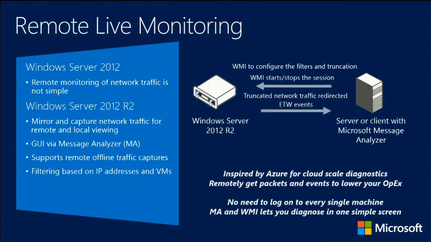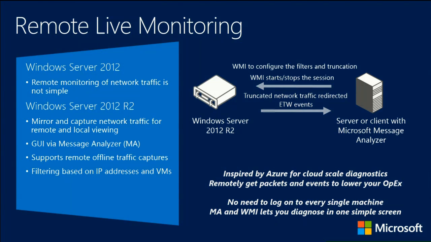But now you can see all of this remotely without having to go and log on to each and every machine to do so. And even better, we now also aggregate ETW events along with it. Because typically you'll see a network pattern, you'll look at an ETW event, and you'll try to correlate across the two and see, oh, okay, that's where the problem is.